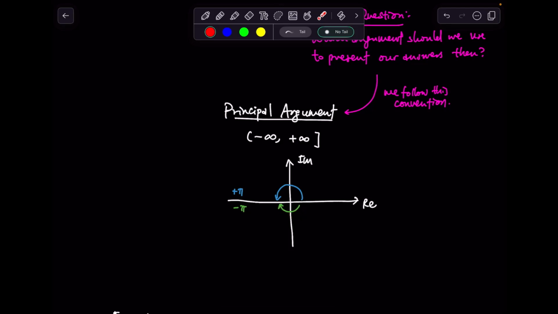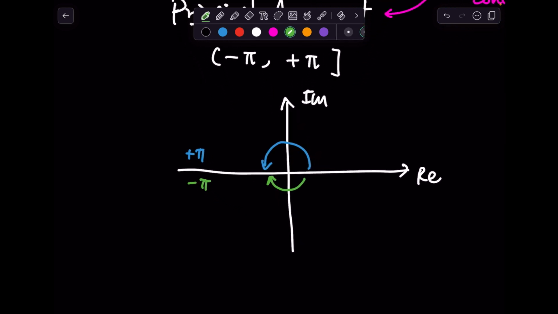And the principal argument runs from negative, why did I write infinity? Negative pi, my bad. Negative pi to positive pi. And negative pi is excluded, so up till here, and including here.